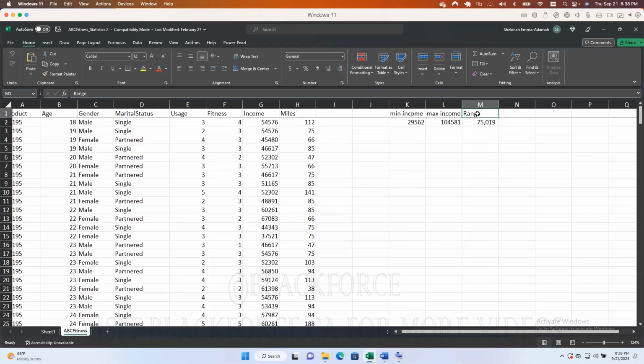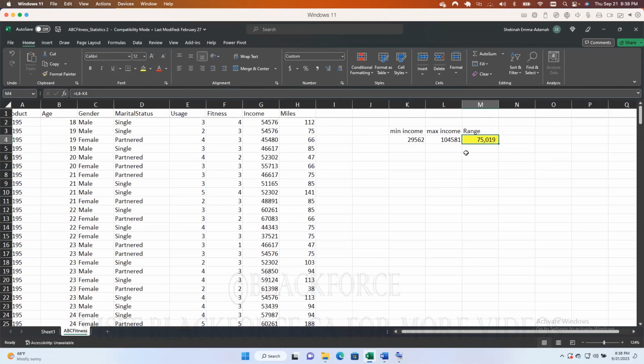I'm assuming a lot that we've been using Excel, so if you want me to show how you did this or that, just say so and I won't just glide along, okay? So this is the range, max minus min. This is the range of income.